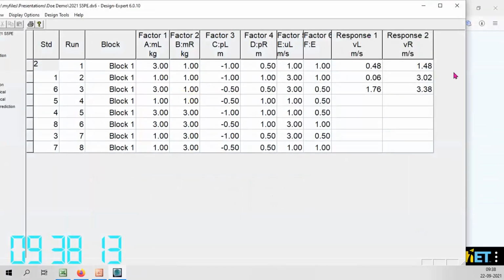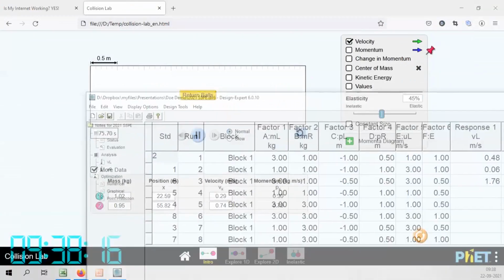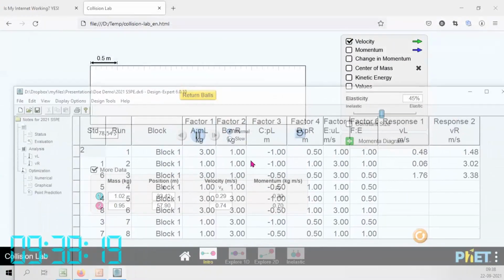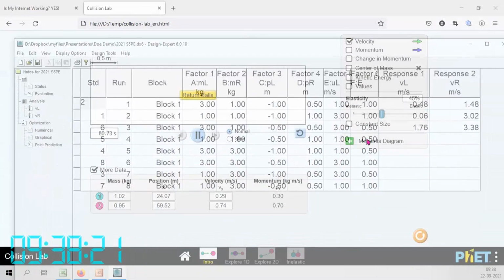So now next experiment is... once again it is getting transparent. I don't know.